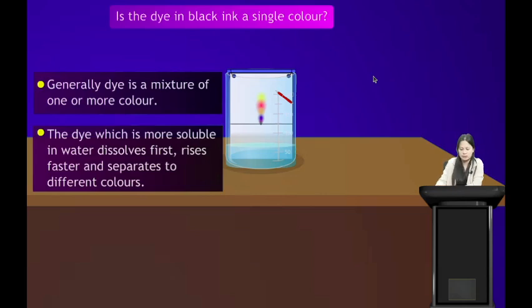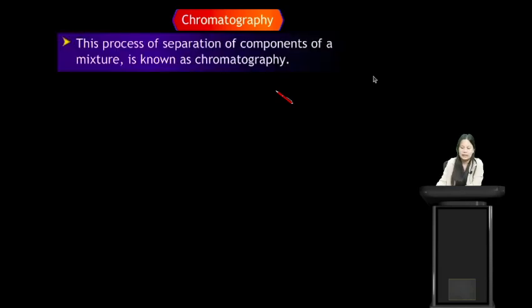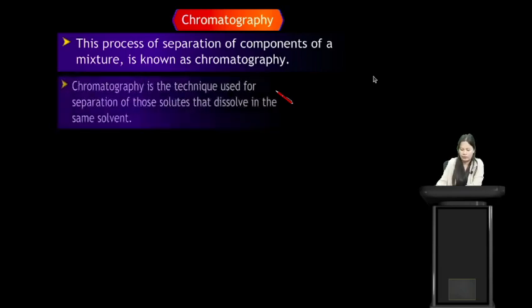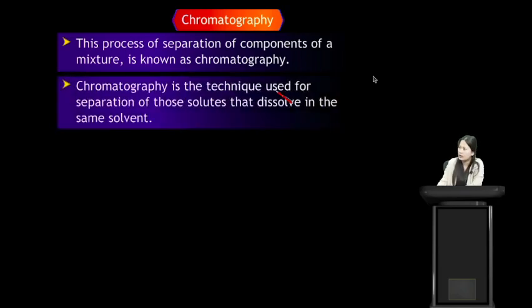This method is known as the chromatography method. What is chromatography? The process of separation of components of a mixture is known as chromatography. Chromatography is the technique used for separation of those solutes that dissolve in the same solvent.